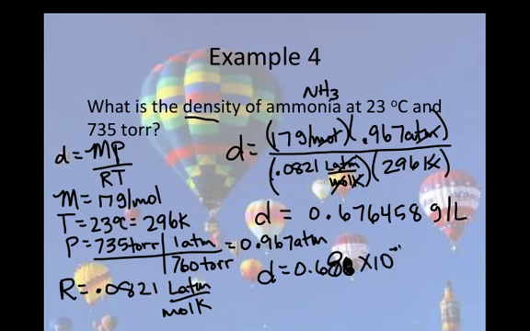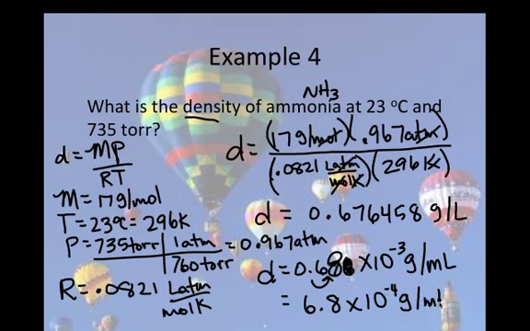So we'll call this 0.68. Then I'm going to multiply it by 10 to the minus 3 so I can change liters to milliliters. And I'm going to have to move that over to get proper scientific notation: 6.8 times 10 to the minus 4 grams per milliliter. That's my density of ammonia under these conditions.